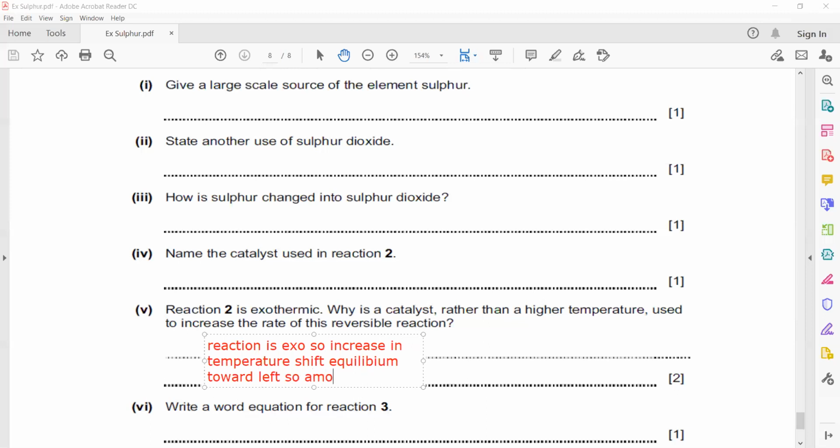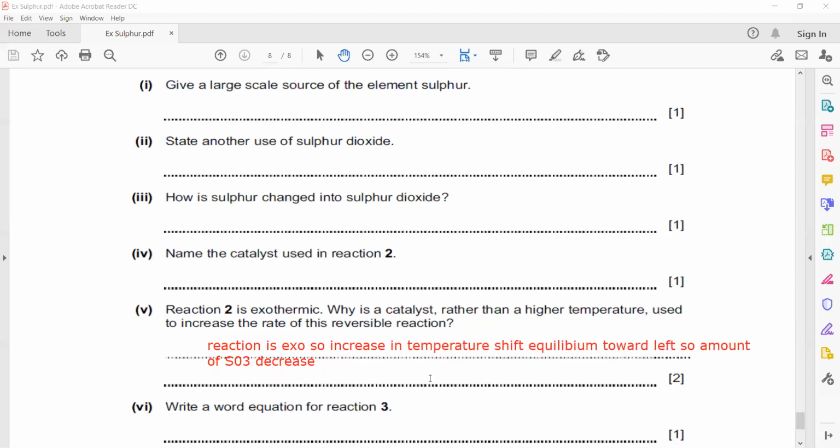So the amount of sulfur trioxide will decrease. That is why, to increase the rate of reaction, we use a catalyst rather than a high temperature. Because if we increase the temperature, the amount of sulfur trioxide will decrease.